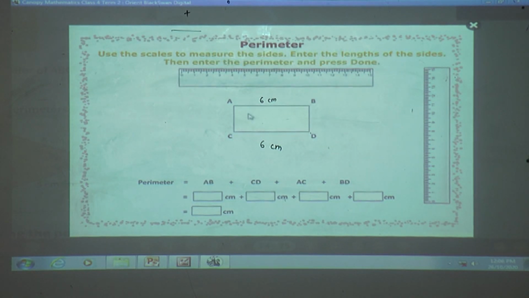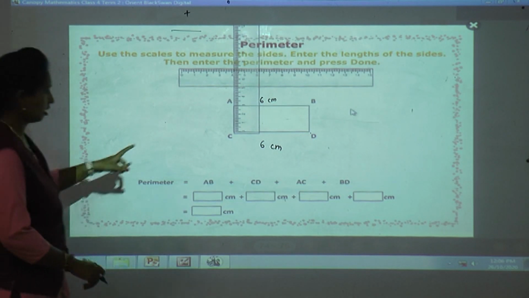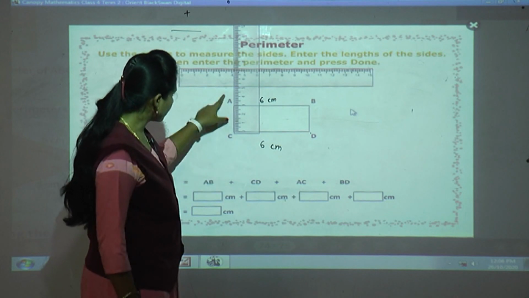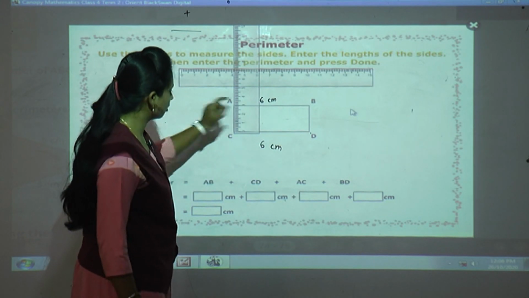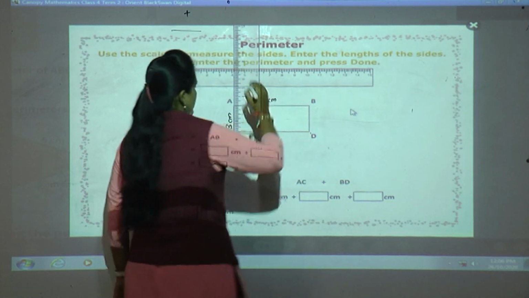Now I have to measure both these sides. Now I'll take this ruler. See what you are going to do. Where 0 is there, keep it at the 0 in this way. Now see, from 0 to how much AC is? 1, 2, 3. So I'll write here 3 centimeter.